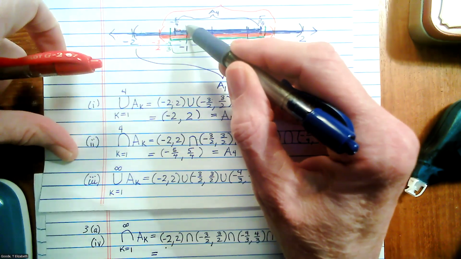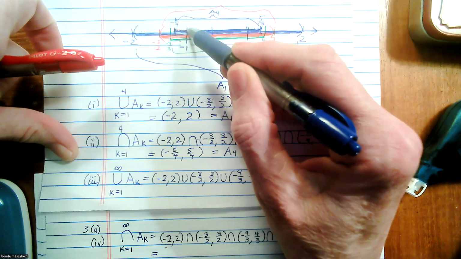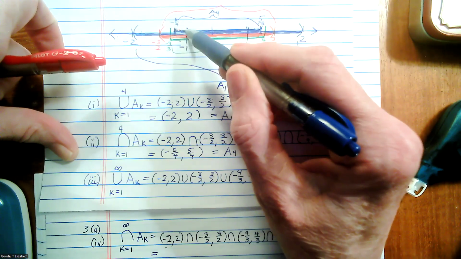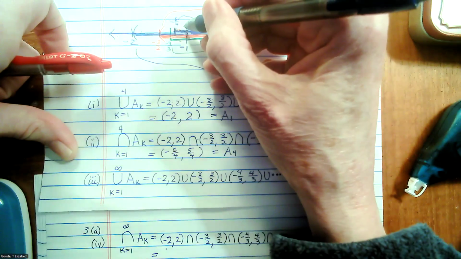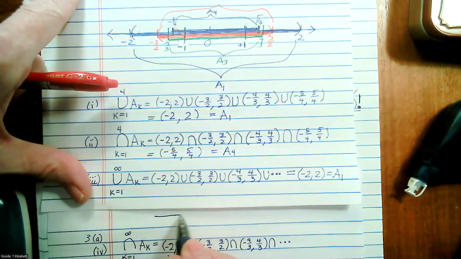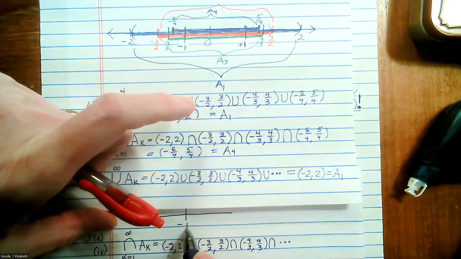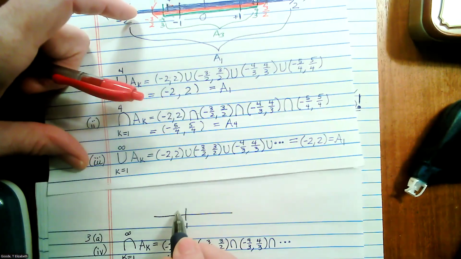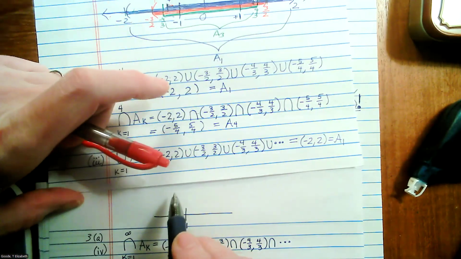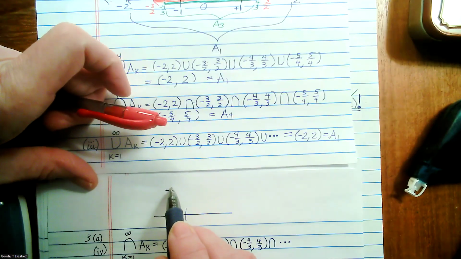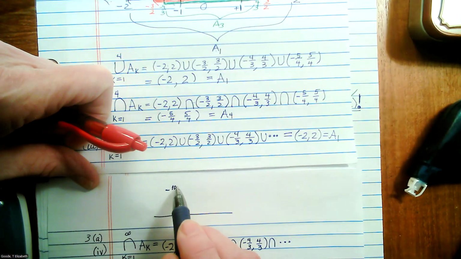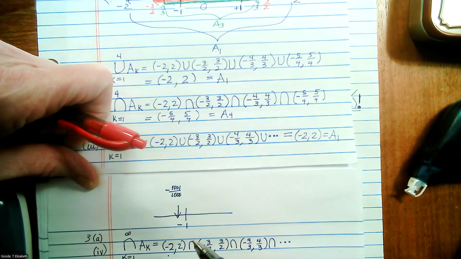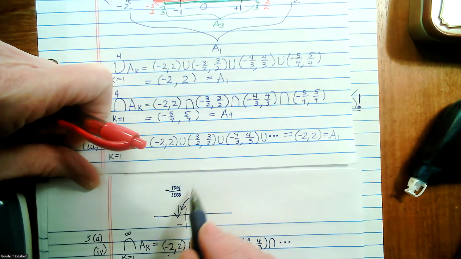Yeah. But any other real number that is to the left of negative 1, if you pick a real number really close to negative 1, let's say negative 1,001 over 1,000, there's still going to be a k plus 1 that's bigger.